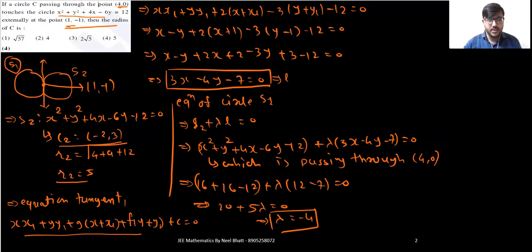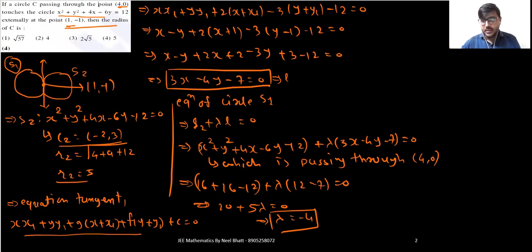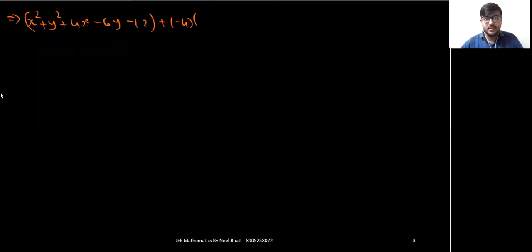So x square plus y square plus 4x minus 6y minus 12 plus minus 4 into the equation of the line given to us, 3x minus 4y minus 7 equals to 0.